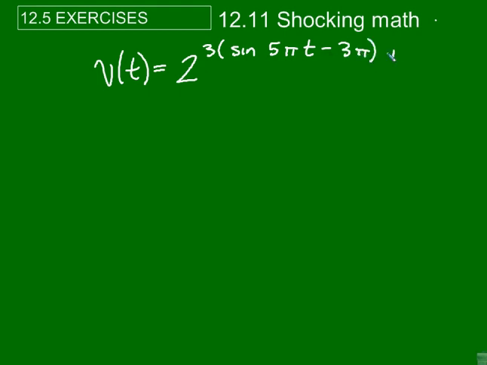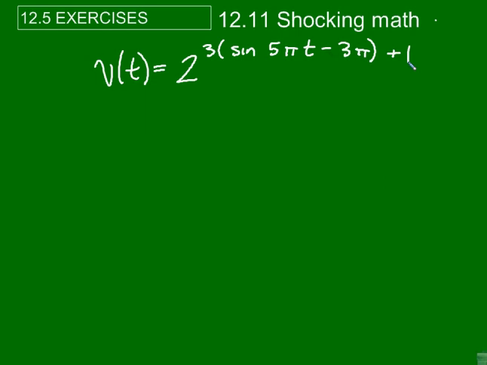So, what is the initial voltage output of the circuit? Well, we're going to have V of t equals 2 to the 3 times the sine of 5 pi t minus 3 pi plus 1.